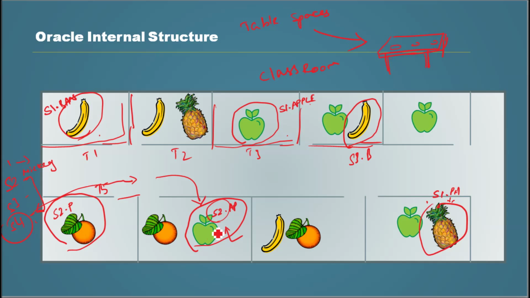Think of this in the real world, and I'm trying my best to equate this to the database world. We have table spaces, and on the table spaces you can put your objects. I'll come to the point later about who can put what object in the table space, because there are some privileges.